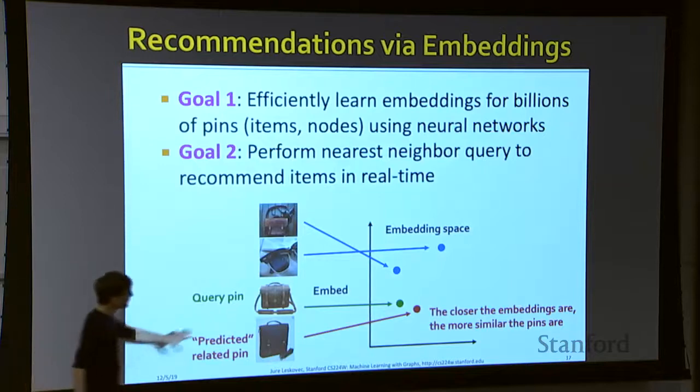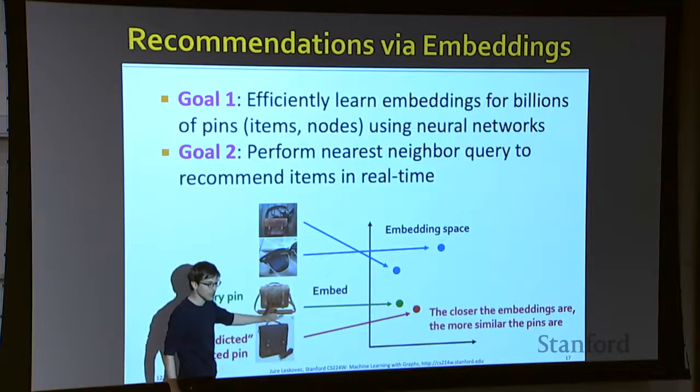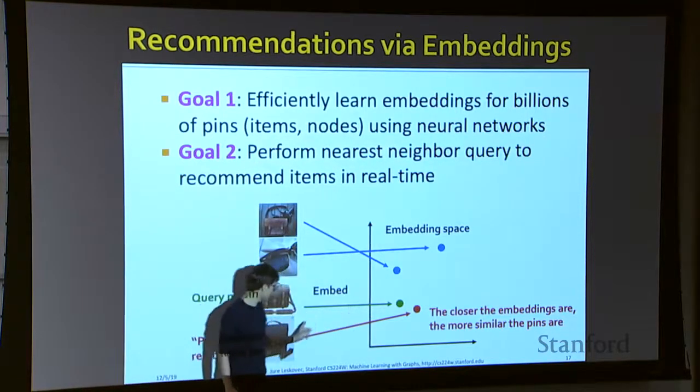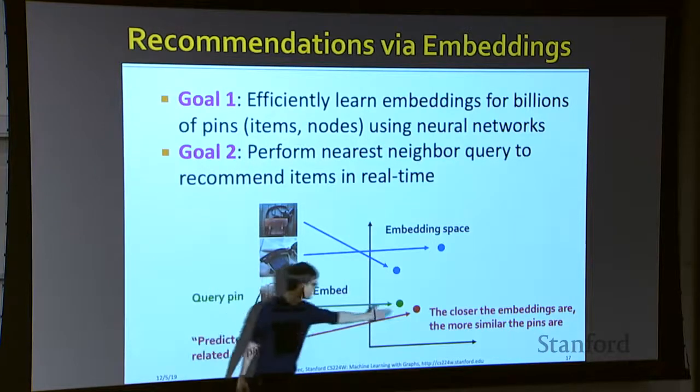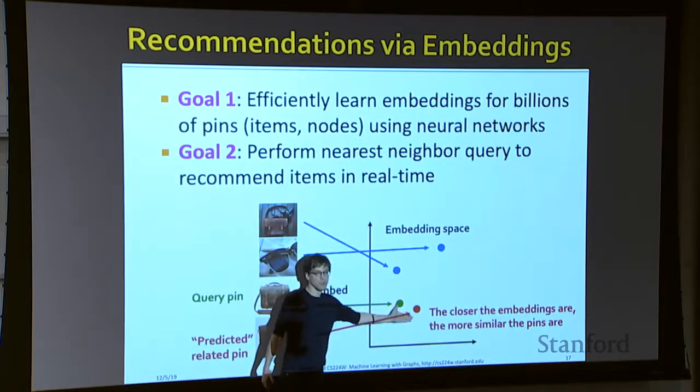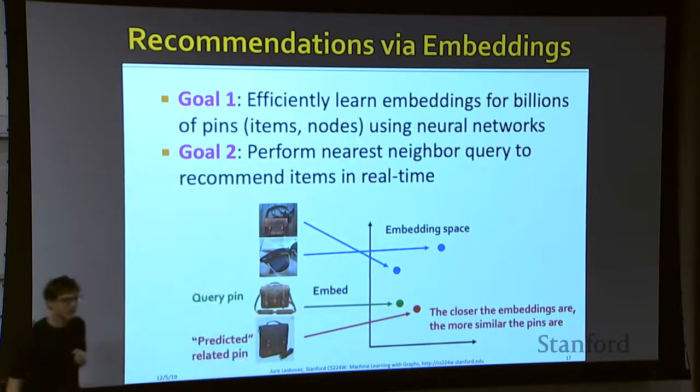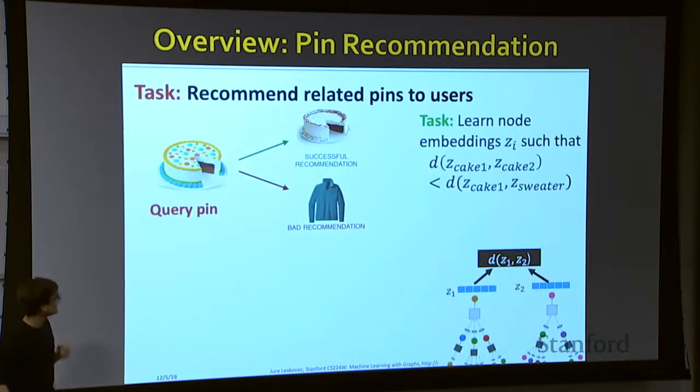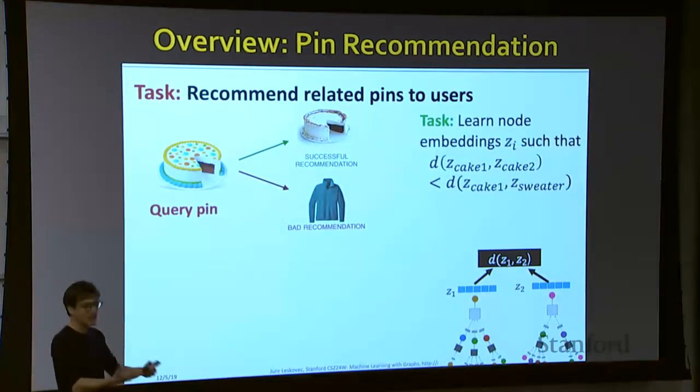So this is what we will try to do. Our goal will be to learn this function that takes the objects and puts them into 300-dimensional space so that related objects are close together. At a very high level, our goal will be to embed related objects together using some user behavior data.